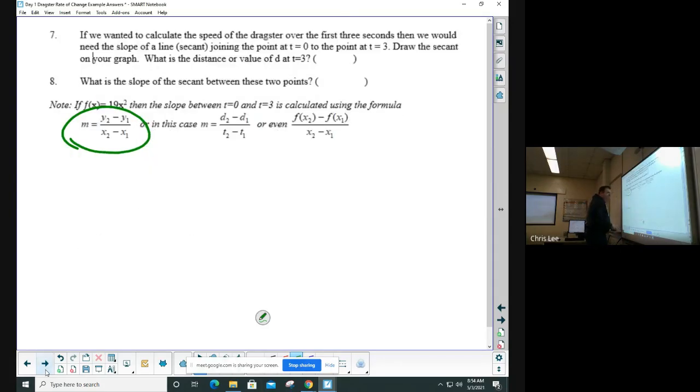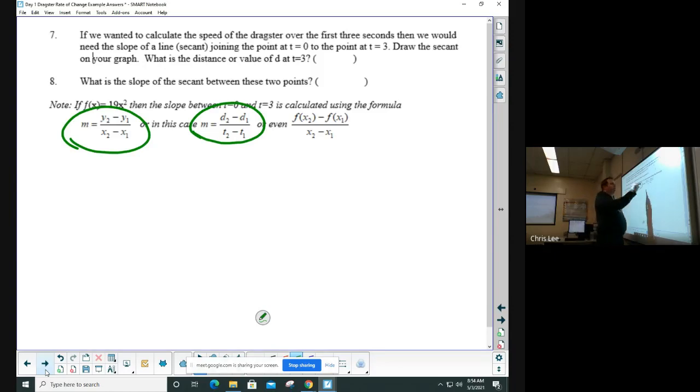Now, in this particular example, y is distance and x is time. So you can also imagine this description of the slope: the distance that you're at now minus the distance where it began, over the time now minus the time where it began.